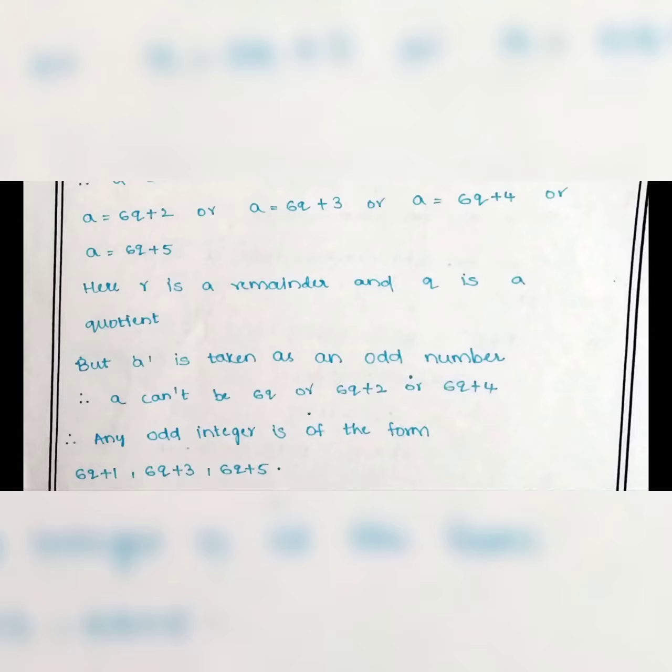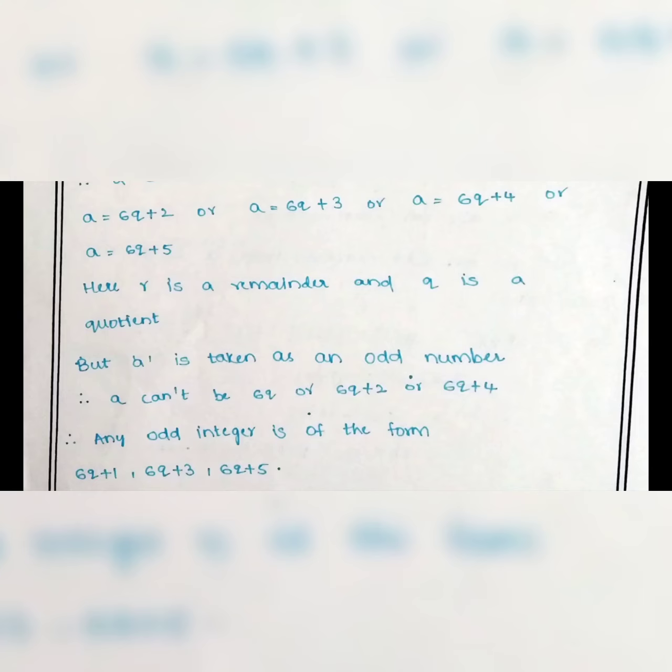Similarly, if we take 6q plus 2, then 6 ones are 6, plus 2 is 8. It is an even integer. Similarly, if we check 6q plus 4, 6 ones are 6 plus 4, that is 10. That is also an even integer. So take as many numbers as you want, but you will not get an odd number.